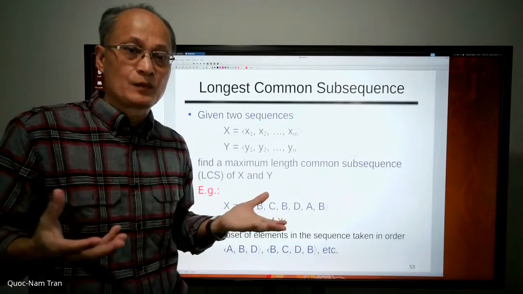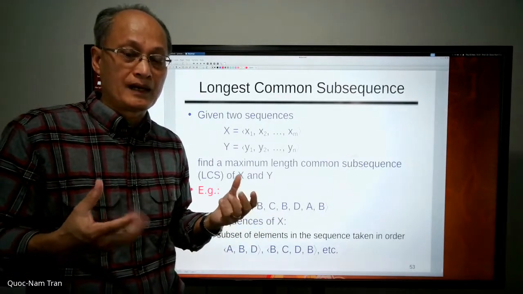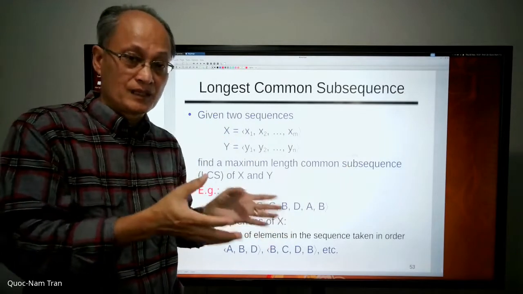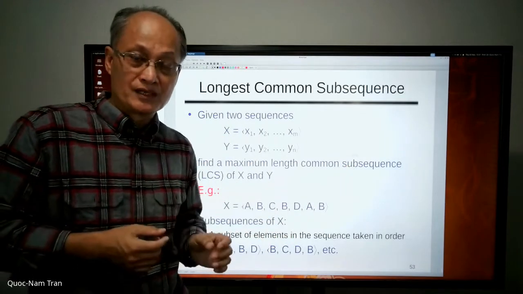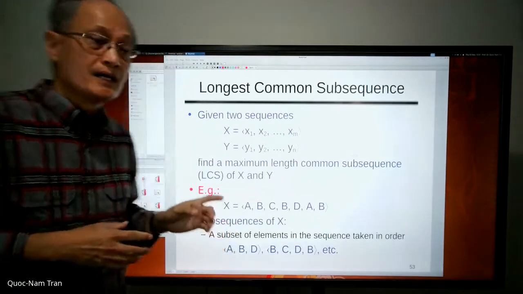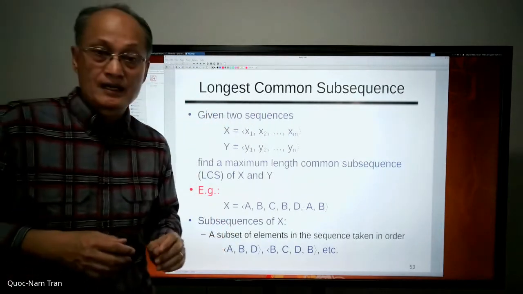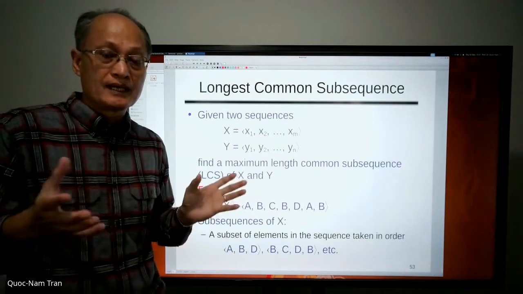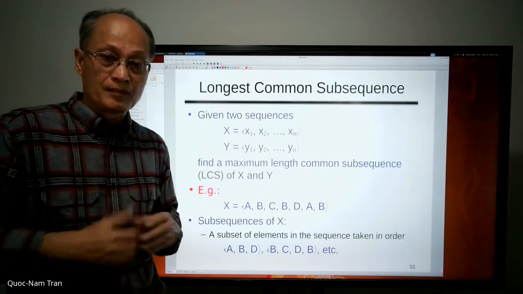Otherwise, we need two vaccines for the same virus with a little bit of mutation. So that's why the longest common subsequence is a very important problem, and it has many real-world applications.